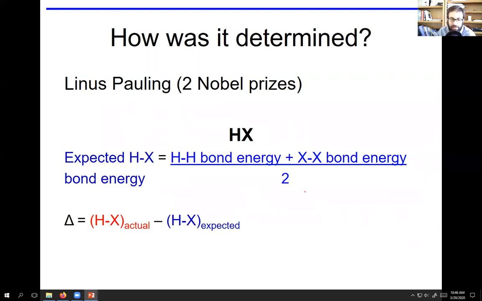It would just be those two bond energies divided by 2. But you'll see that that's not actually true if you look at the experimental data. And so he just took that calculated expected bond energy for equal sharing, and then subtracted from it what you actually measure. And that gave you some idea of how much electrons are being pulled from one to another.